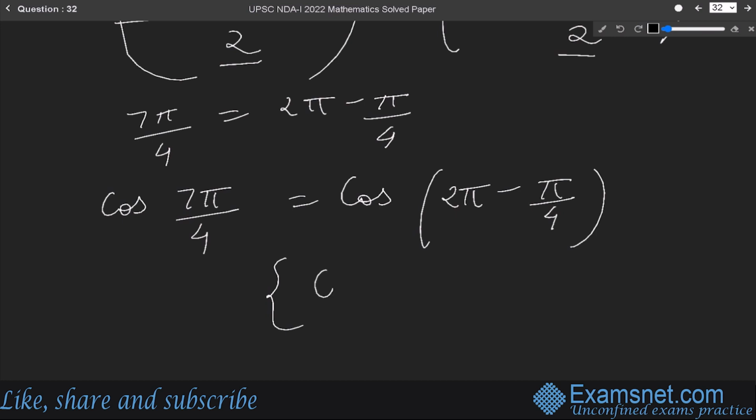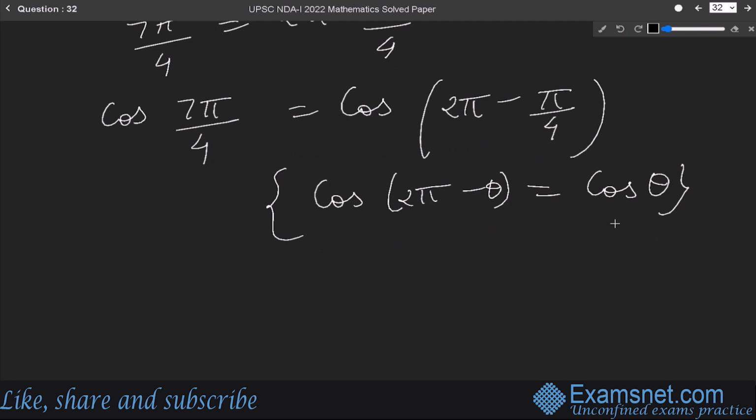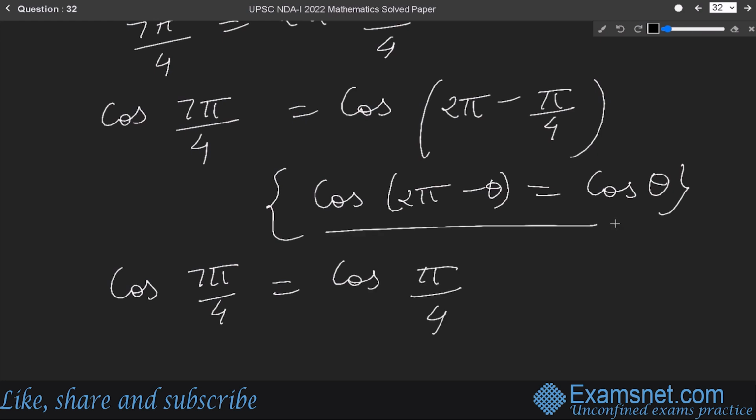Now again there is a formula, which is cos (2 pi minus theta) is equal to cos theta. Cos theta is positive in the fourth quadrant. So we can say that cos 7 pi by 4 is equal to cos pi by 4 by using this formula, cos (2 pi minus theta) equals cos theta. So now I have got the value of cos 7 pi by 4, which is cos pi by 4.